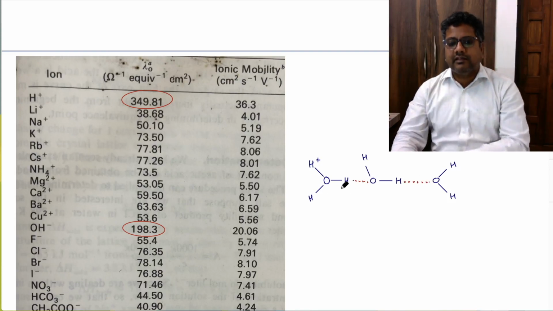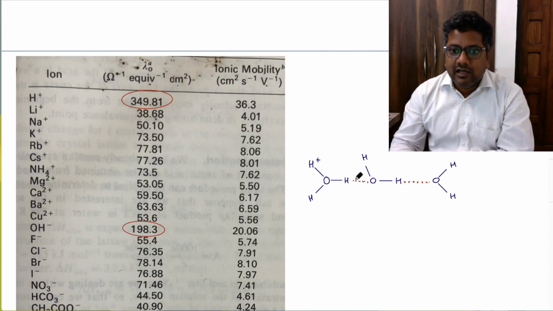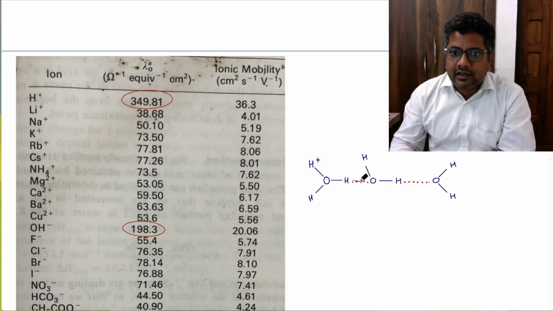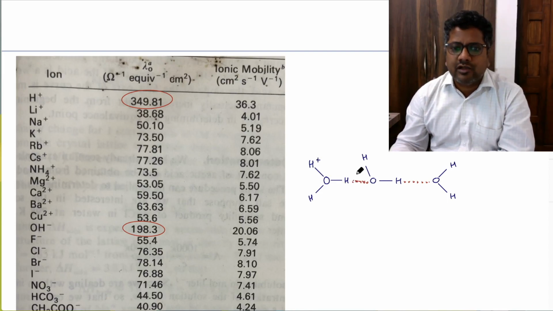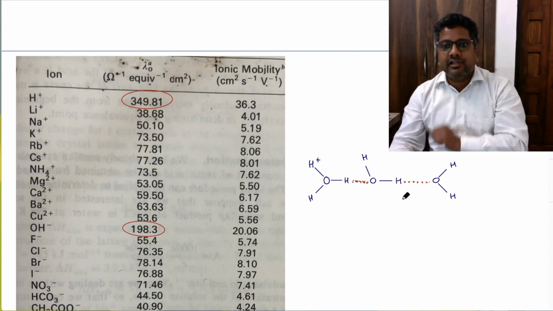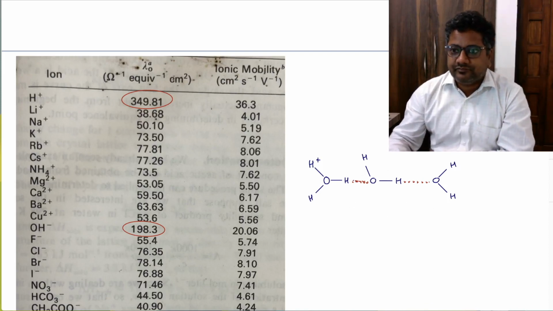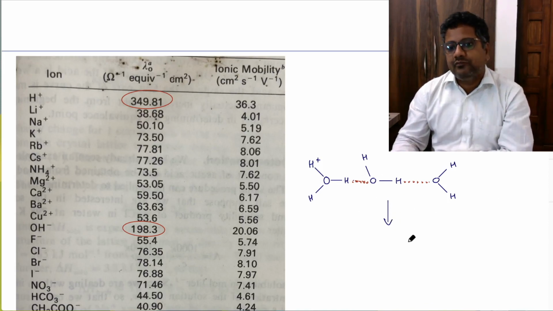I have taken here only 3 molecules of water, and H plus is attached here. All of you know that this H plus exists as H3O plus. Now see how this H plus is migrating, a wonderful mechanism given by Grotthuss.